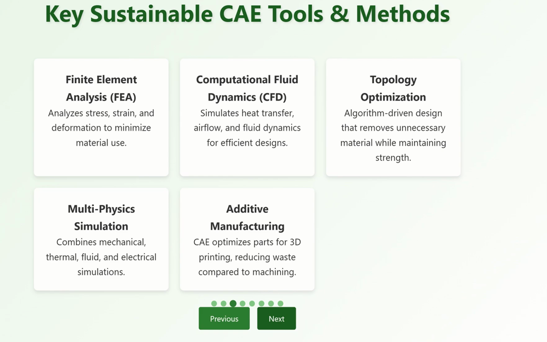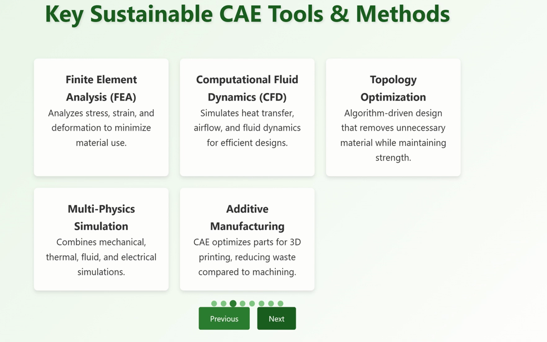Because when you say multi, it is many. So you are combining mechanical aspect, thermal aspect, fluid aspect, and electrical to do a simulation. So this one helps you in a wide perspective to understand all these factors coming from mechanical, thermal, fluid, and electrical. So that when you're giving out a report, you're giving out a report which is more efficient.